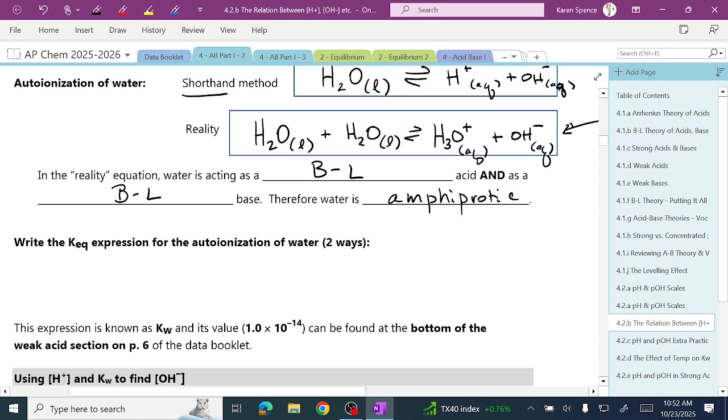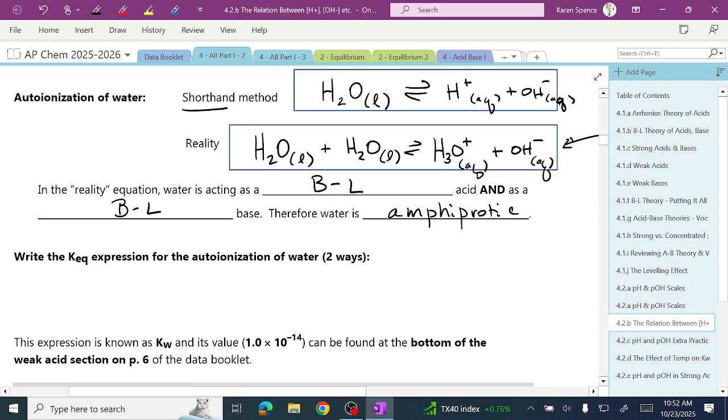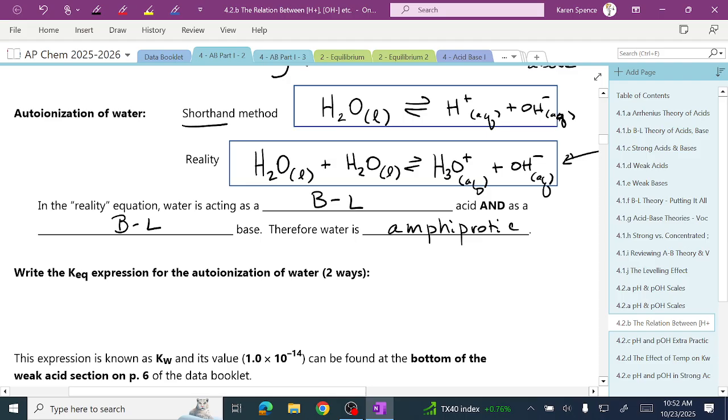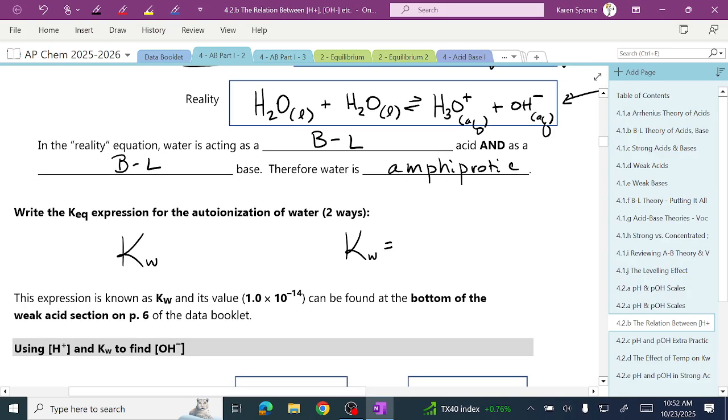Okay, so let's write our K expression for the ionization of water two different ways. We already wrote it one way, but let's write two different KWs. You can use the shorthand one, yes.